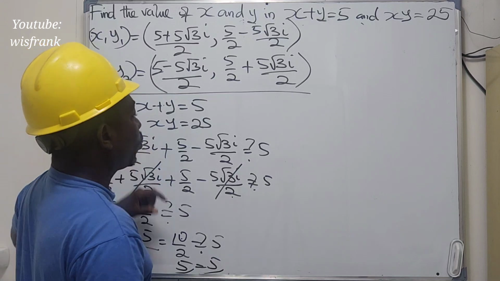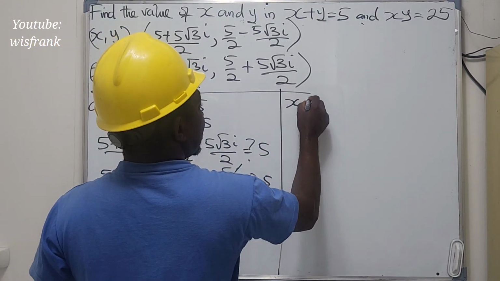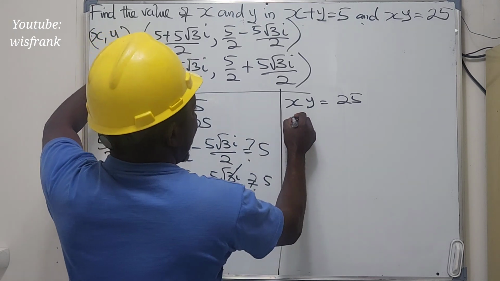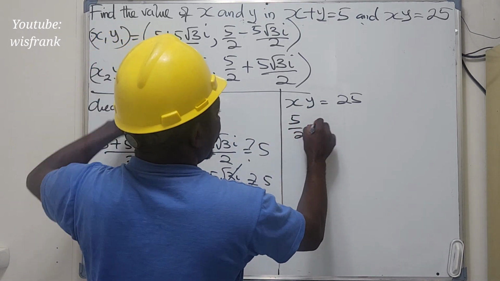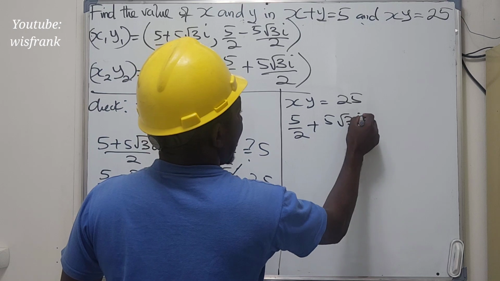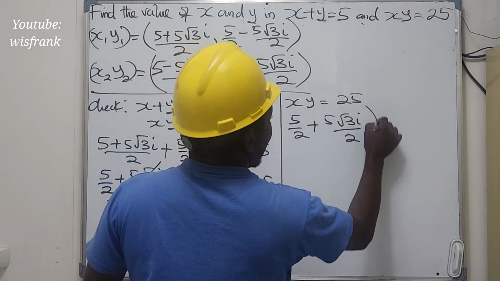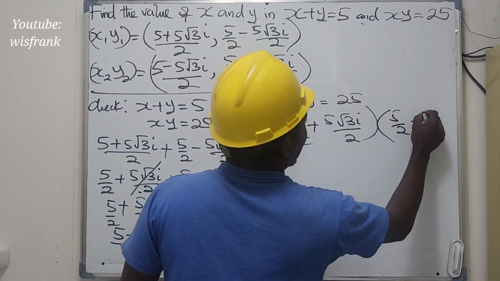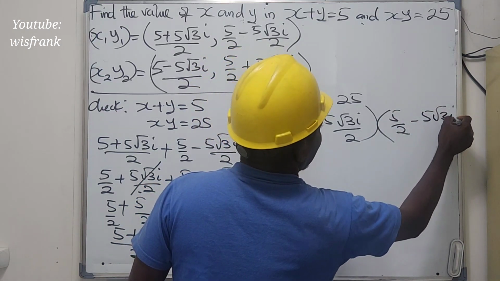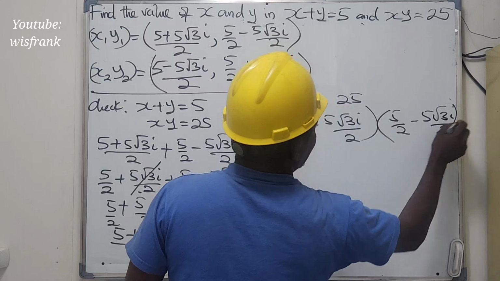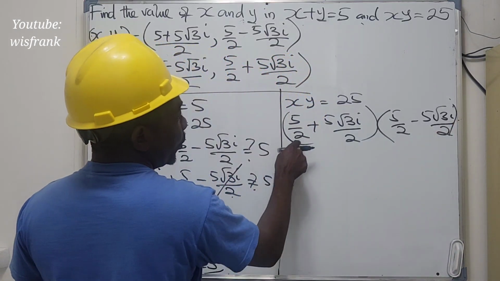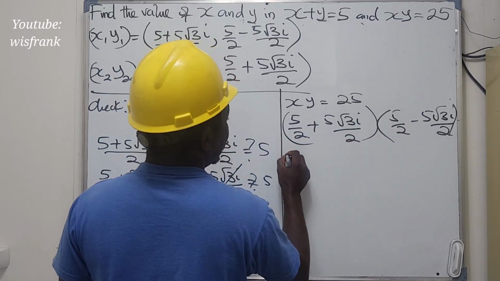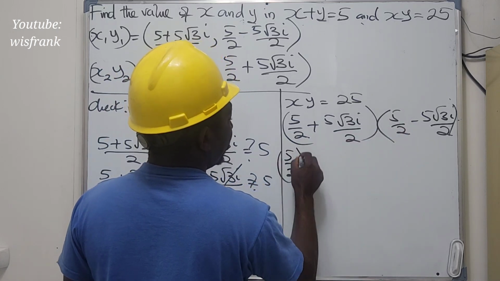Let's check the second one, where we have xy equals 25. Still using the first one, we have 5 over 2 plus 5 root 3i over 2 times our y, which is 5 over 2 minus 5 root 3i over 2. Will this equal 25? Let's find out. Expanding this parenthesis, this times this will give us 5 over 2 all to the power of 2.